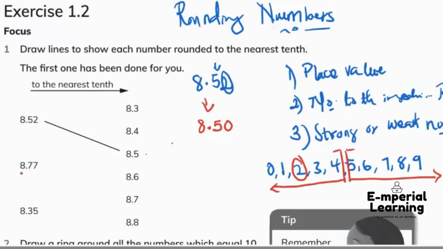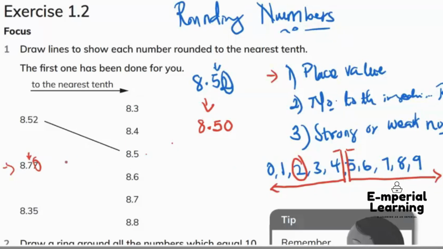So, 8.77 to the nearest tenth. First of all, we find the number in the place value. To the nearest tenth, we have 7 in the tenth position. The next thing is to find the number to the immediate right of 7, which is the 7 over here. Is 7 a strong or a weak number? 7 is a strong number.